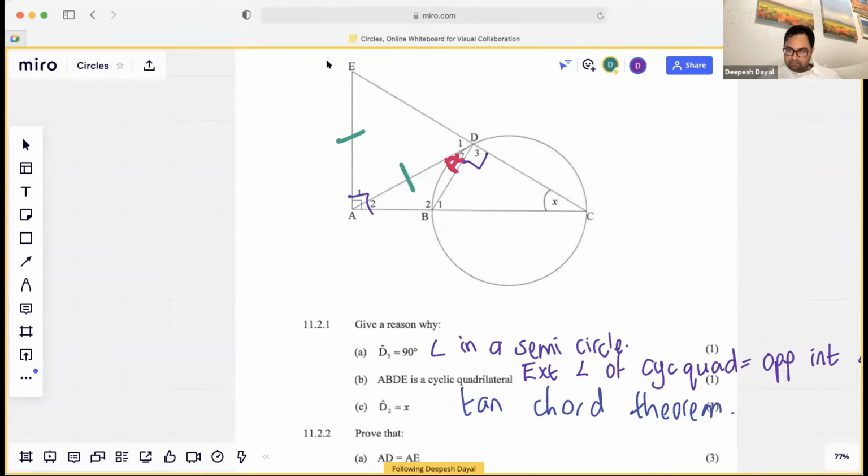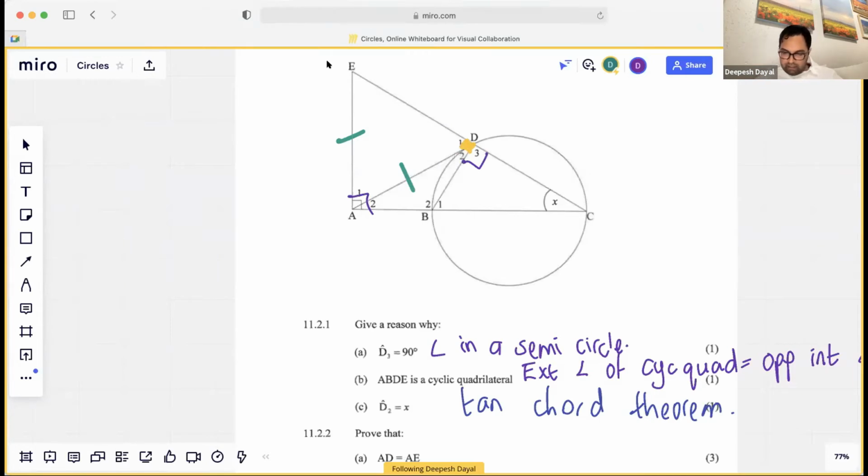I think we will prove that D1 is equal to angle E. Yes, we need to prove that D1 is equal to angle E, right? So what is D1 plus D2 equal to? These two, D1 plus D2 equals 90, right?